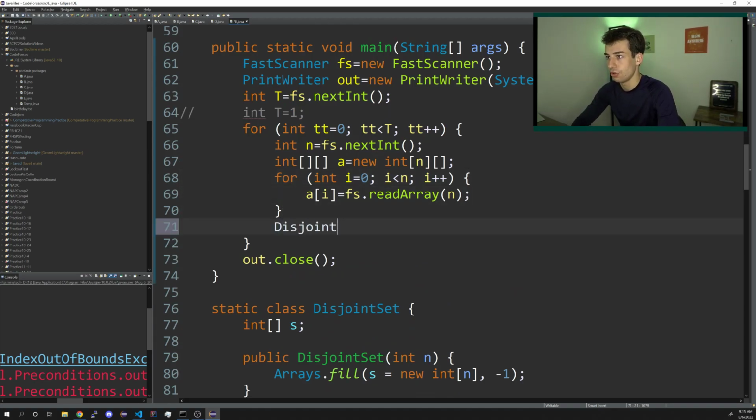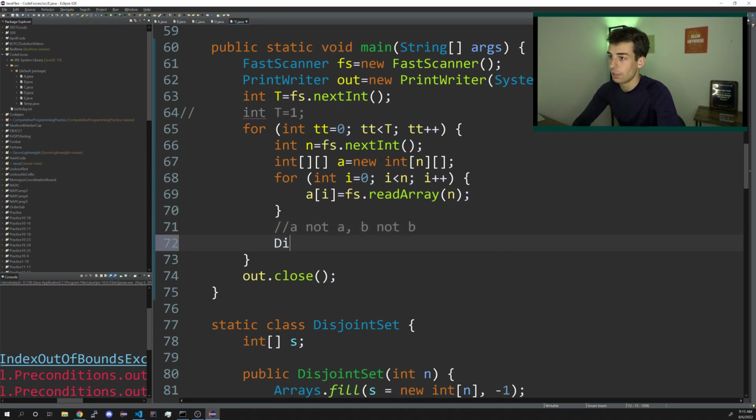So disjoint, we'll have A, not A, B. Disjoint set dj equals new disjoint set, this will be size n times 2.